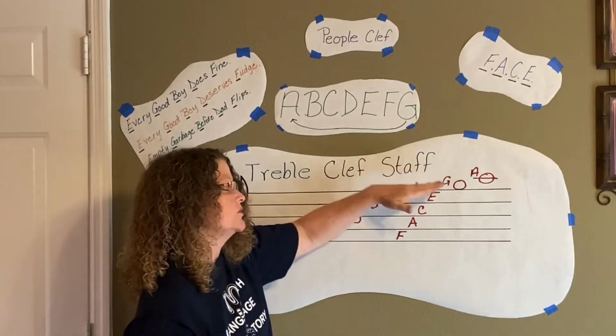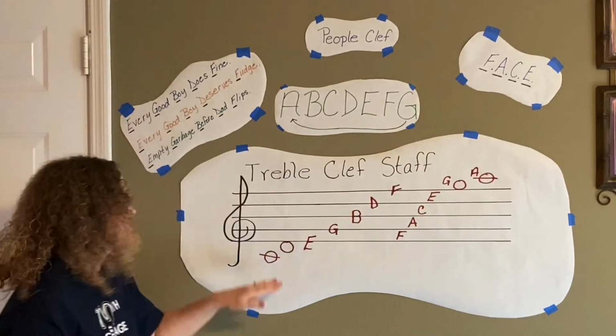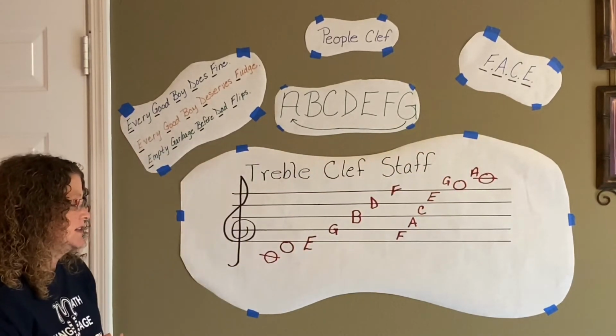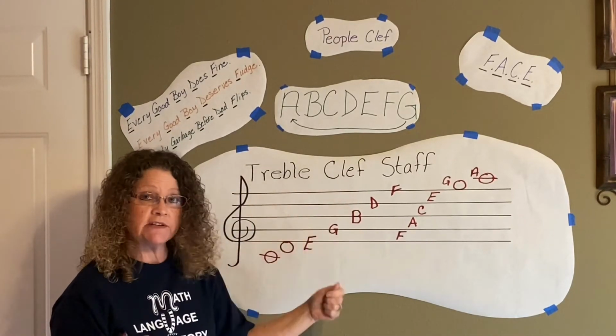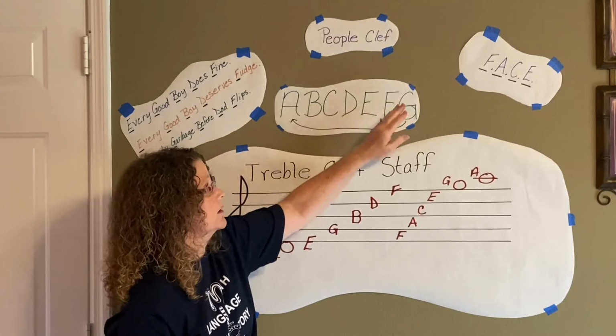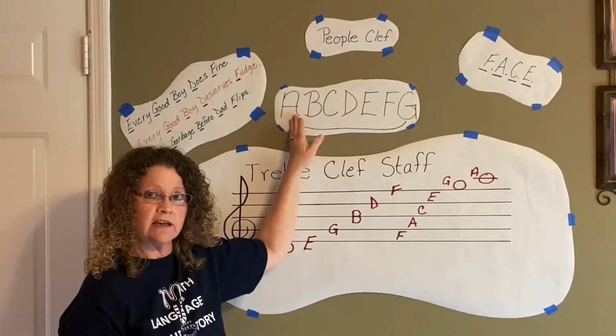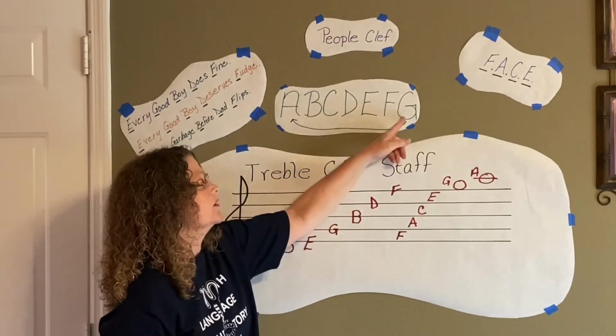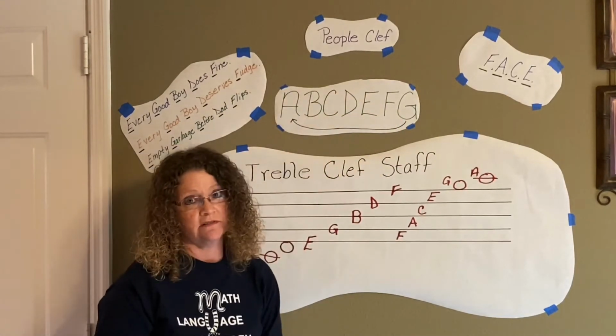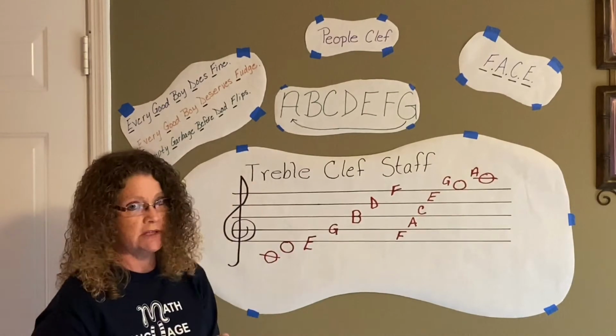So we figured out the 2 steps above the staff, and we still have our 2 steps below the staff. Now, if we are walking up the staff like we just did, we go in order, and when we get to G, we start again at A. But if we walk down the staff, we actually go backwards in the alphabet. So let's see if that's really true.